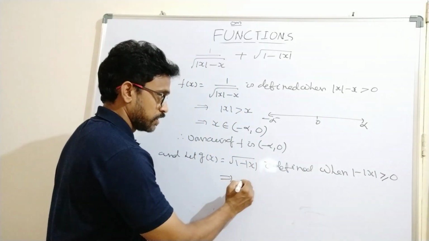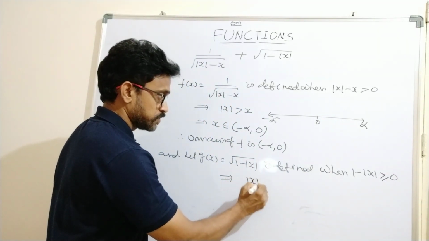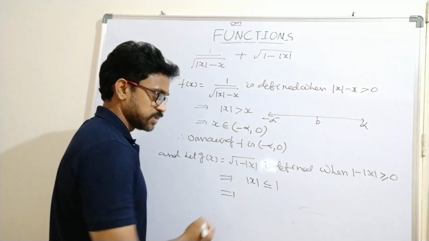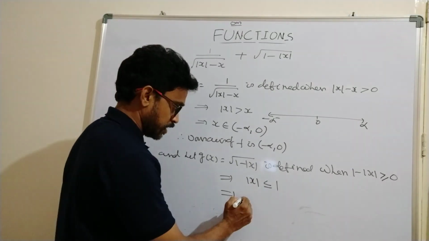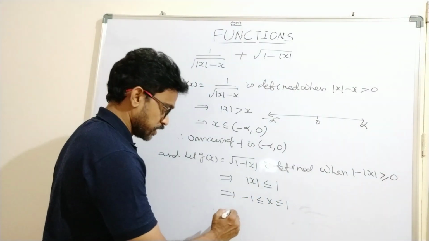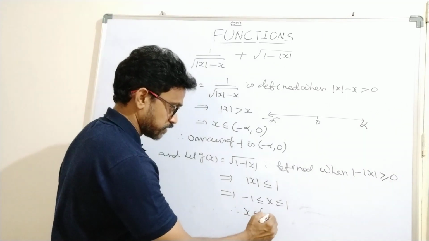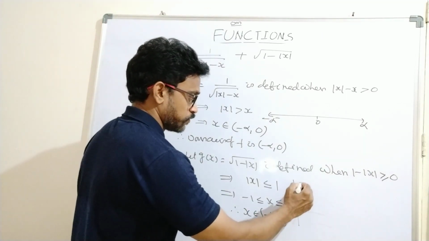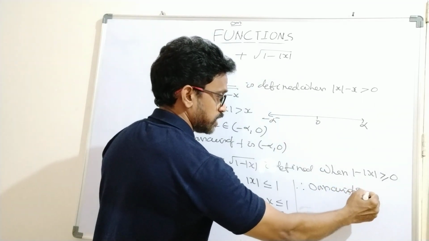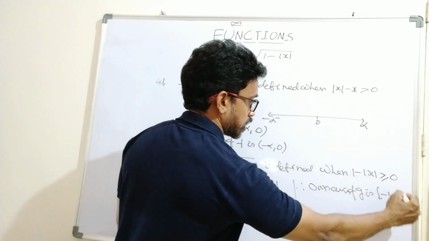Very clear, mod x is less than or equal to 1. Mod x less than or equal to 1 means minus 1 less than or equal to x less than or equal to 1. So x belongs to the closed interval minus 1 comma 1. Therefore the domain of g is the closed interval minus 1 comma 1.